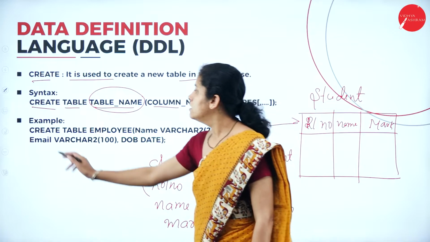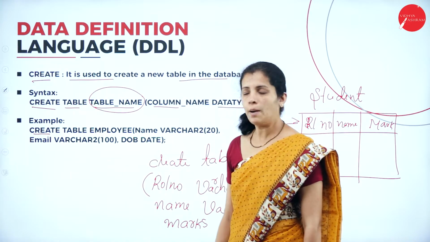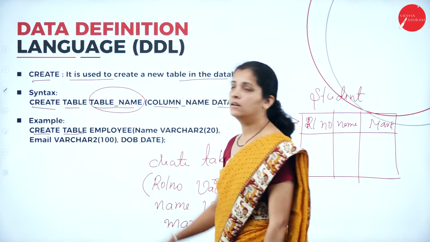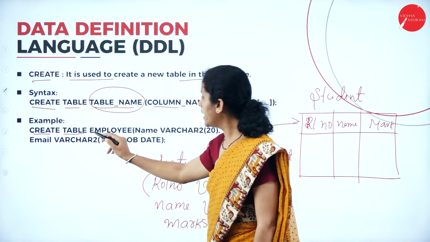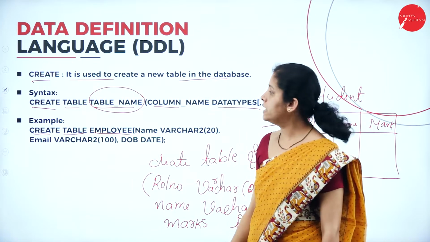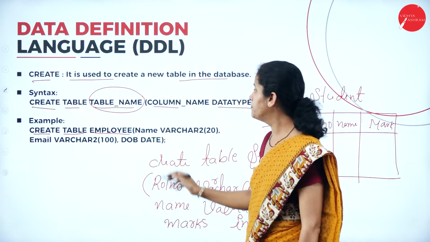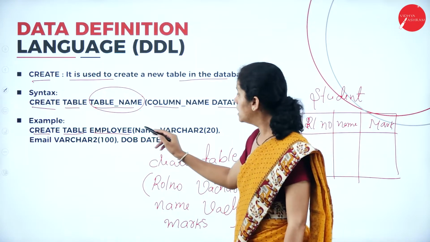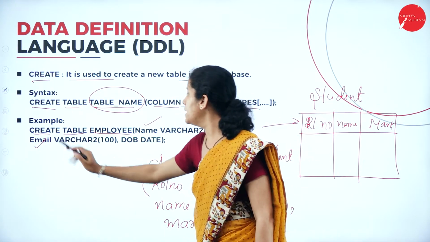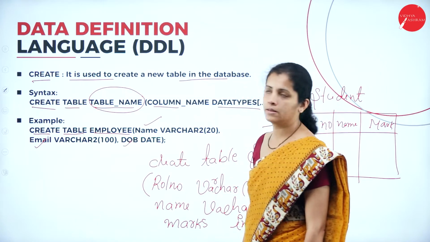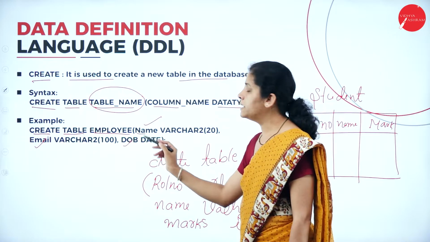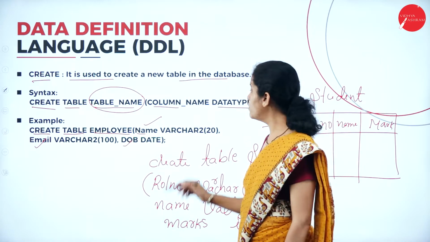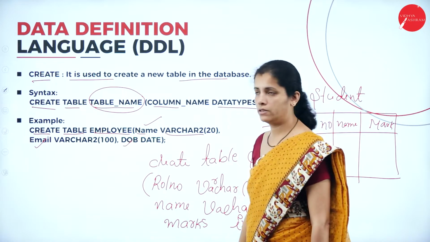So here, create is the command name, table is a keyword, employee is nothing but the table name, and the fields are name, email address and date of birth. If I consider name, it's of type character, so I'm going to take variable character.